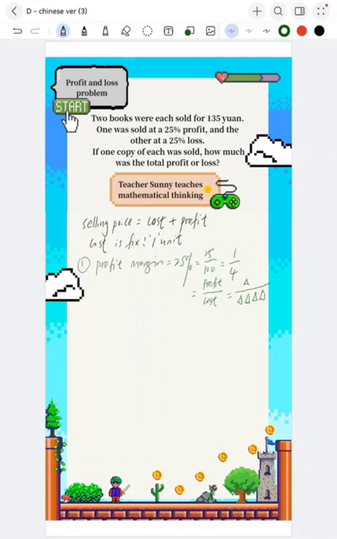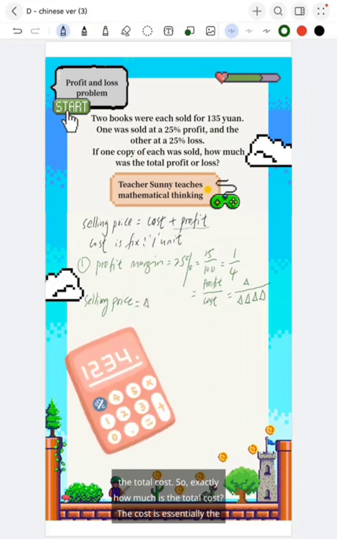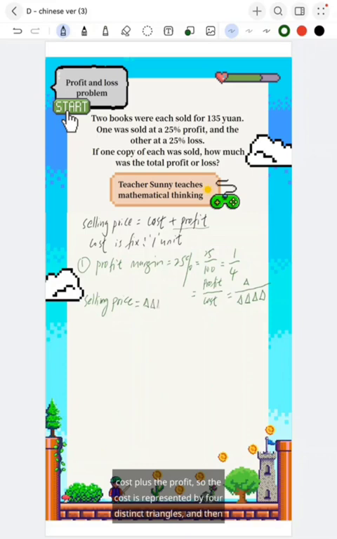In other words, this selling price is equal to the total cost. So how much is the total cost? The cost plus the profit. The cost is represented by 4 triangles, and then you add 1 additional triangle for the profit. This is just the cost plus the profit.